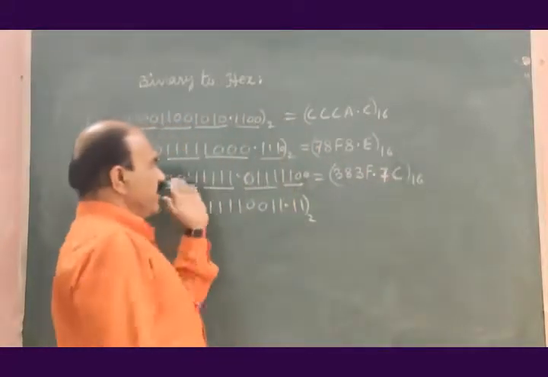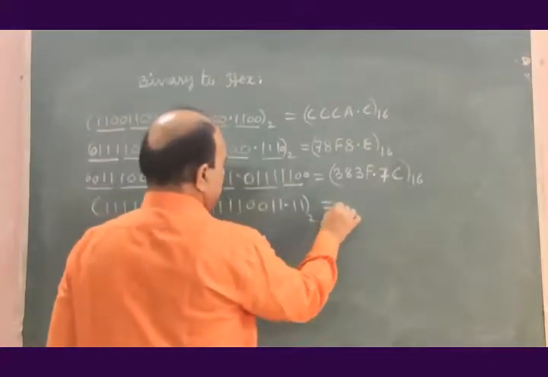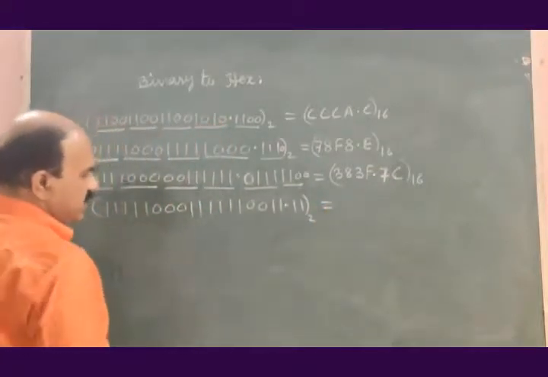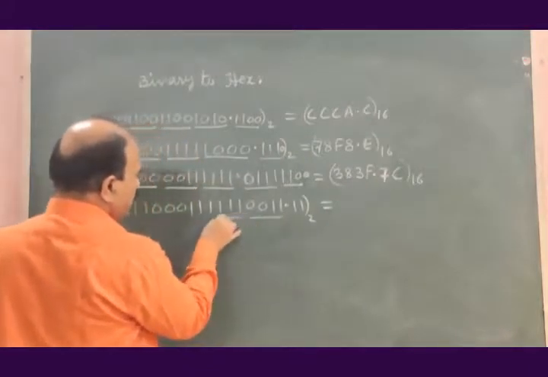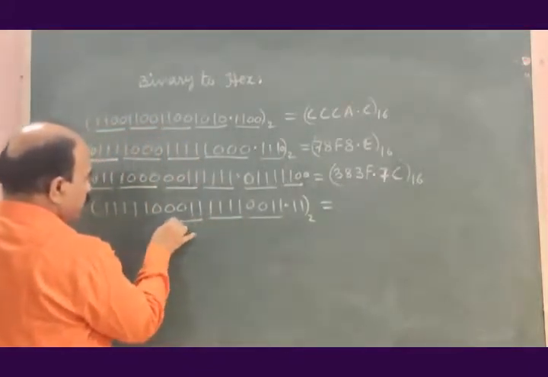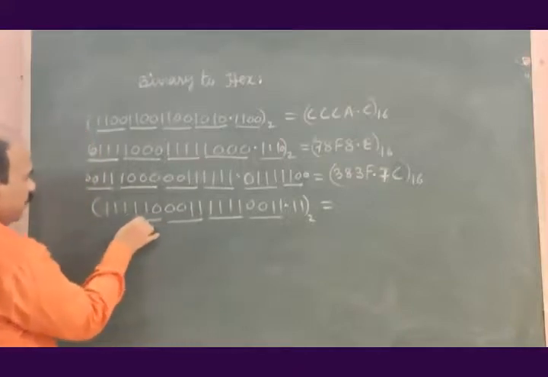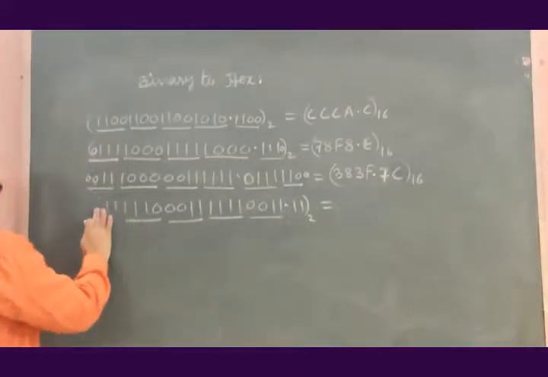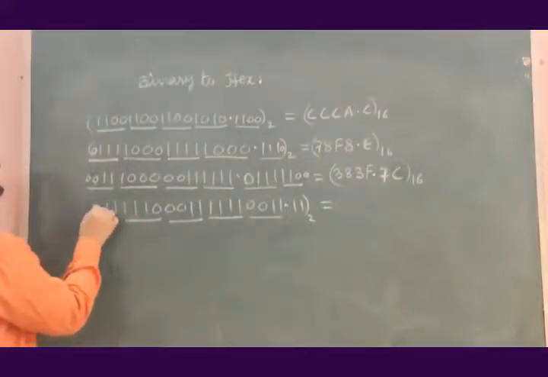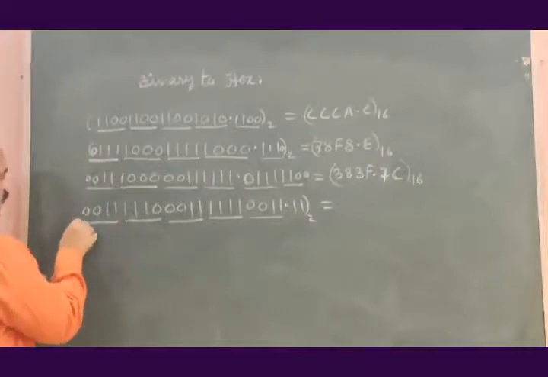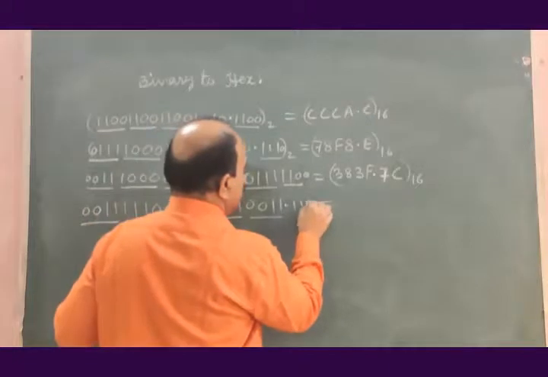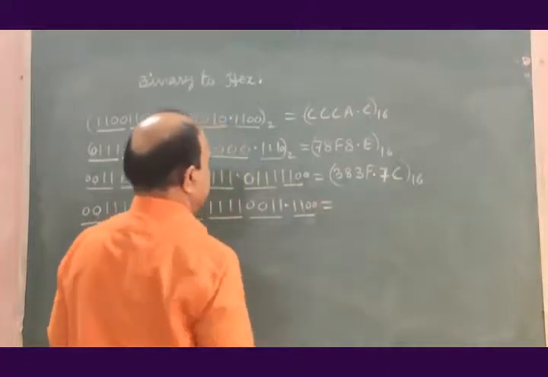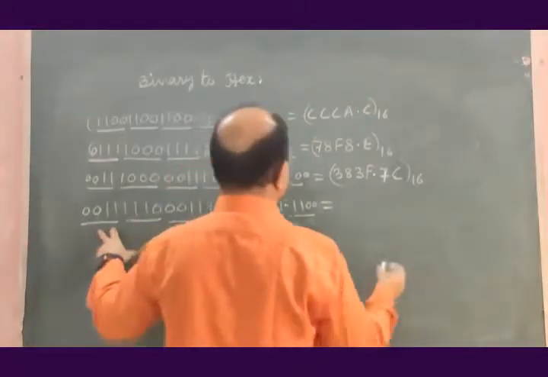Hexadecimal of given binary. Start from the binary point, one group, second group, third group, fourth one. It is short of 2 bits, add 2 zeros to the left. It is short of 2 bits, add 2 zeros to the right. This is 3.